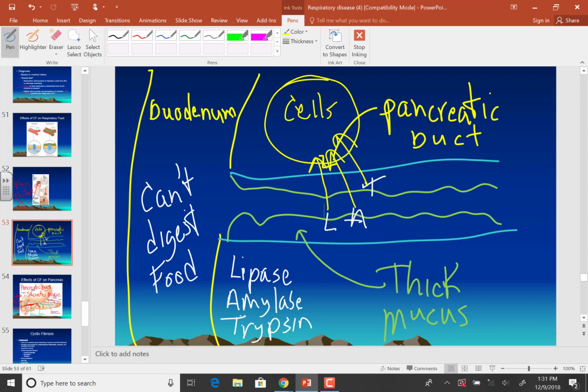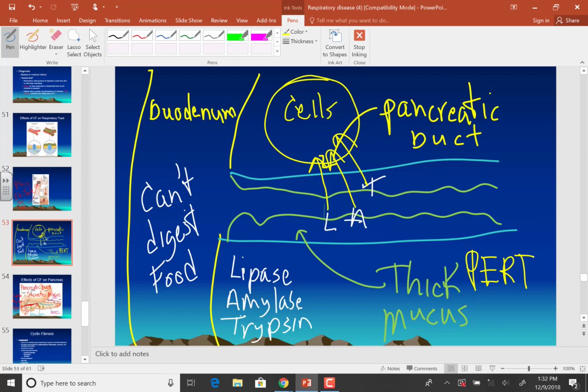So one of the things that people with pancreatitis have to do is take digestive enzymes. So they have to take pancreatic lipase, amylase, and trypsin, and it's called PERT, pancreatic enzyme replacement therapy.